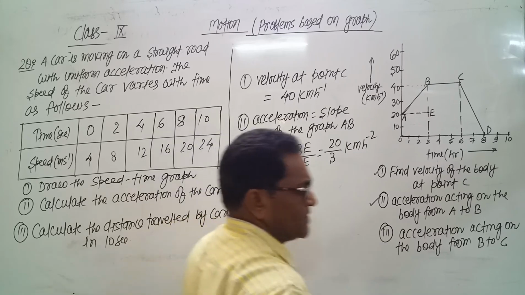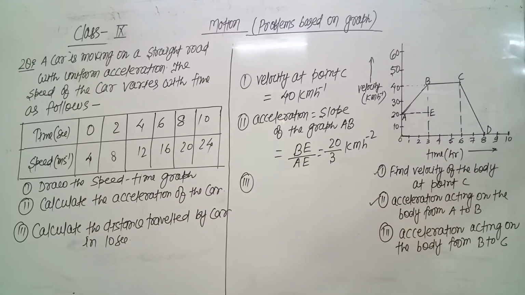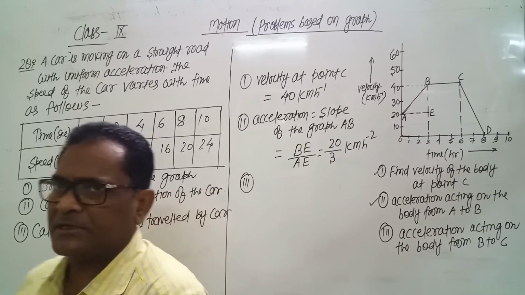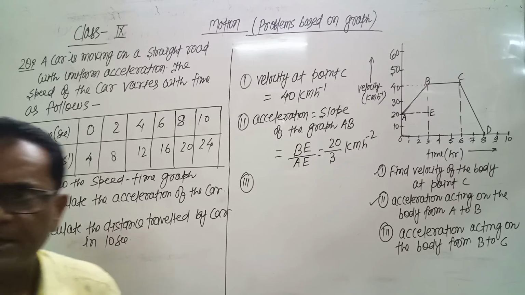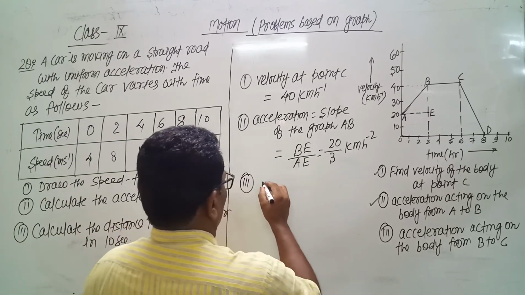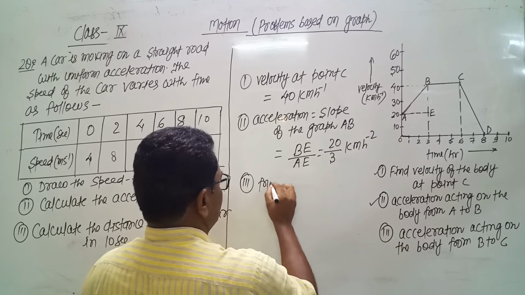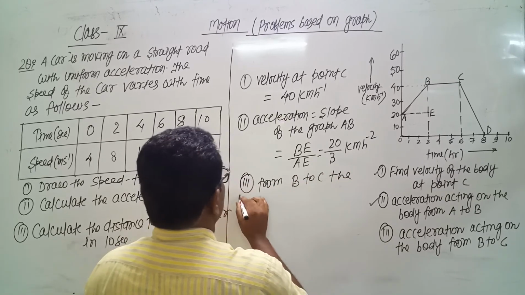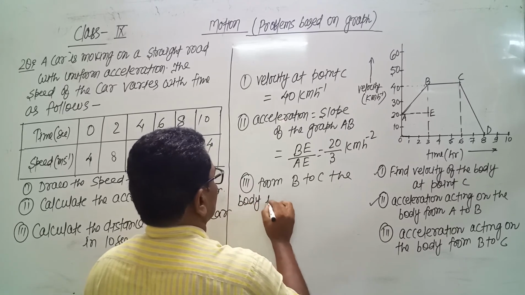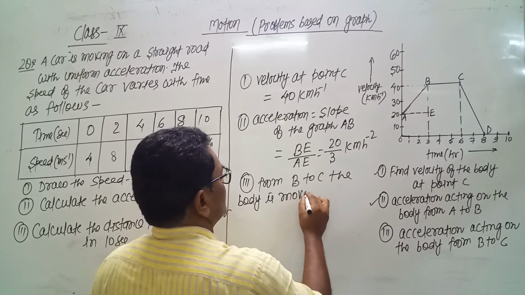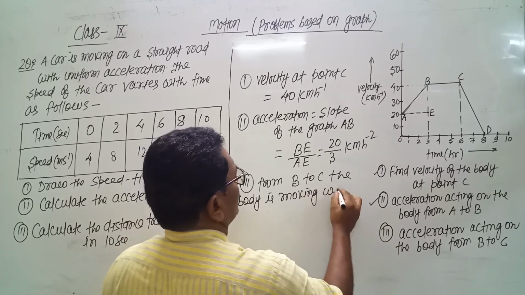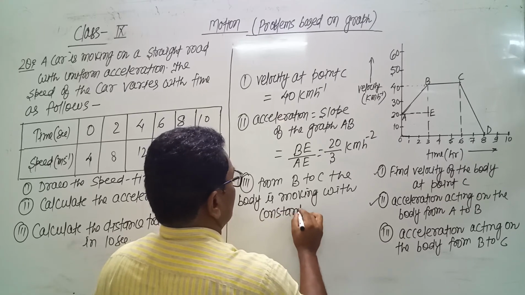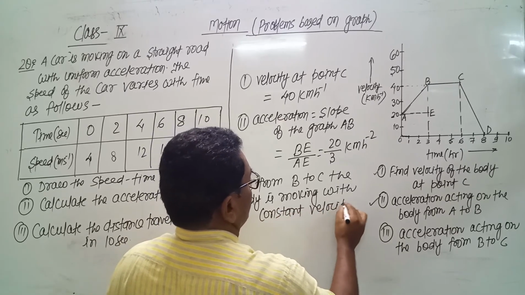Since from B to C the body is moving with constant velocity, and if the velocity is constant then acceleration is 0. So from B to C the body is moving with constant velocity.